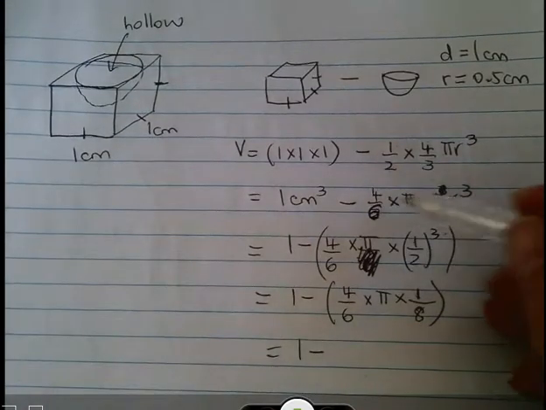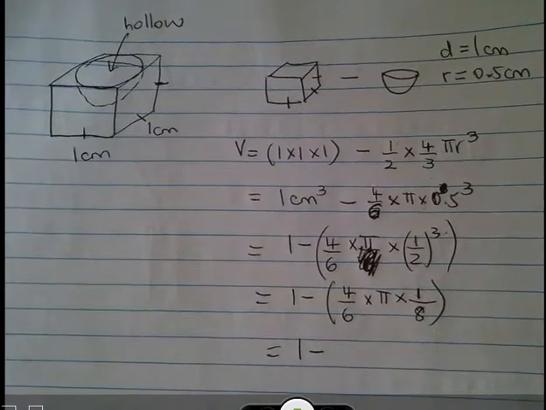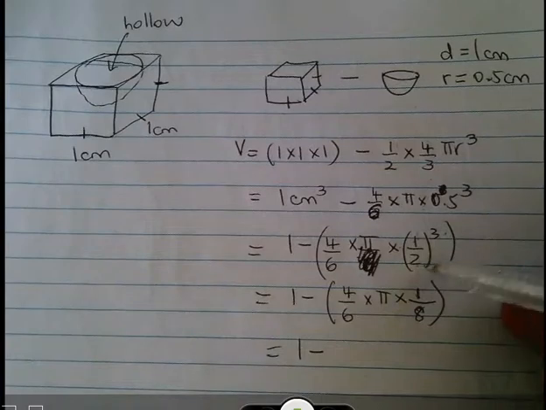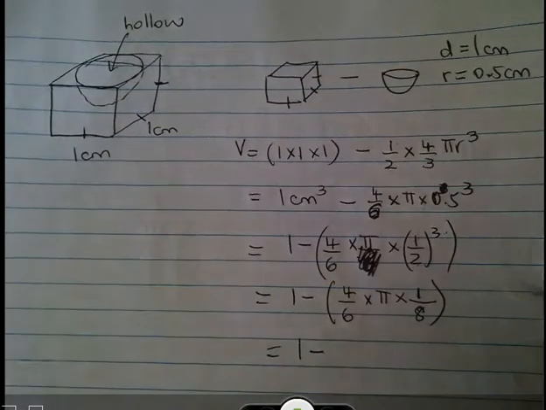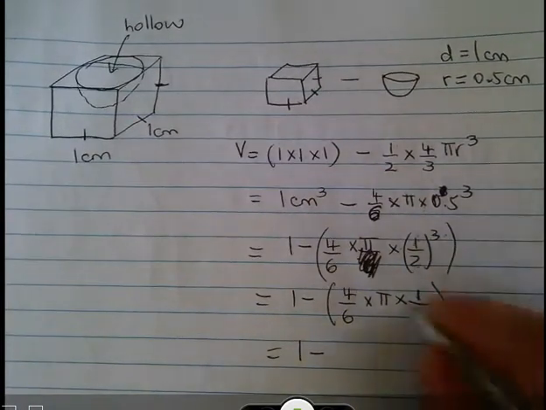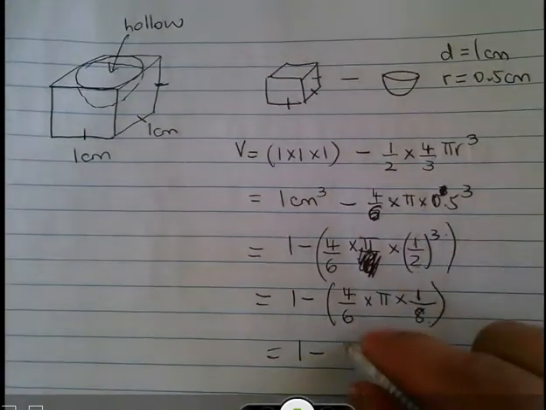So it's 4 over 6 times pi times a half cubed. I don't want to pick up my calculator. So I went 4 over 6 times pi times a half, the fraction cubed. So that's 1 cubed is 1, 2 cubed is 8. What else can cancel? Come on, tell me what it is without picking up anything.